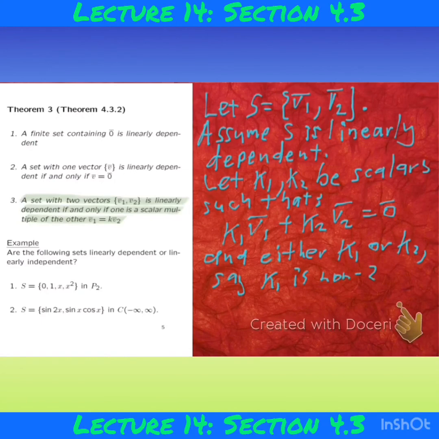Okay, why can we do that? Because we said S is linearly dependent, so we can find a non-trivial solution to this equation here for the k's. At least one of the k's is going to be non-zero. Let's say K1 is non-zero.